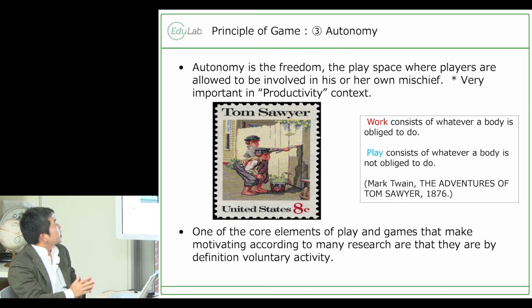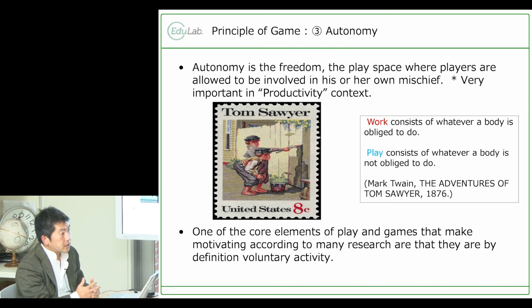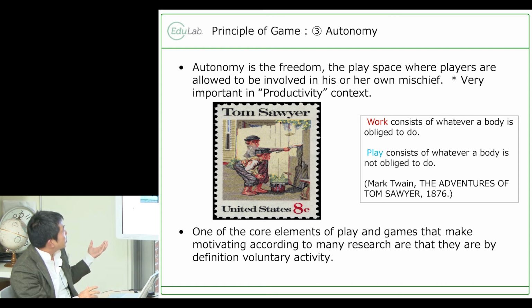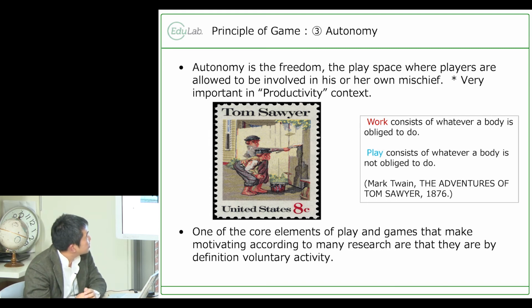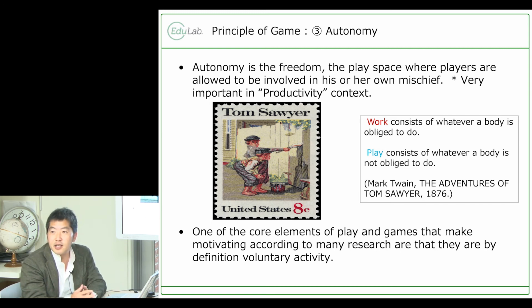Another important element is autonomy. This is very important. And this is a famous story from Tom Sawyer. In his story, he's asked to paint the wall white, and it's something he didn't want to do, right? So he pretended that painting a white wall is very fun.